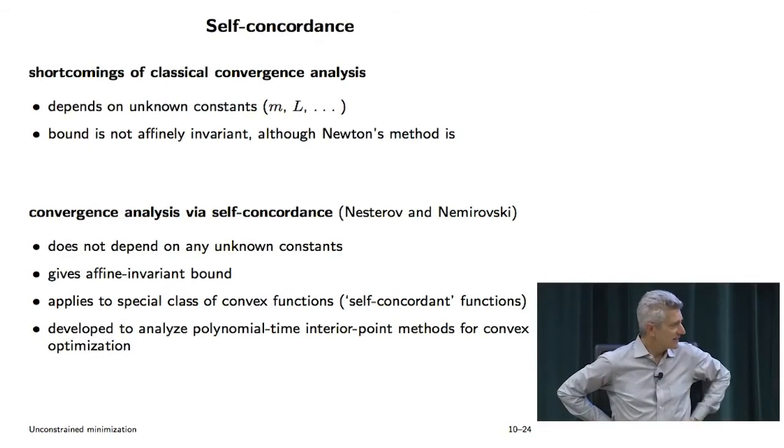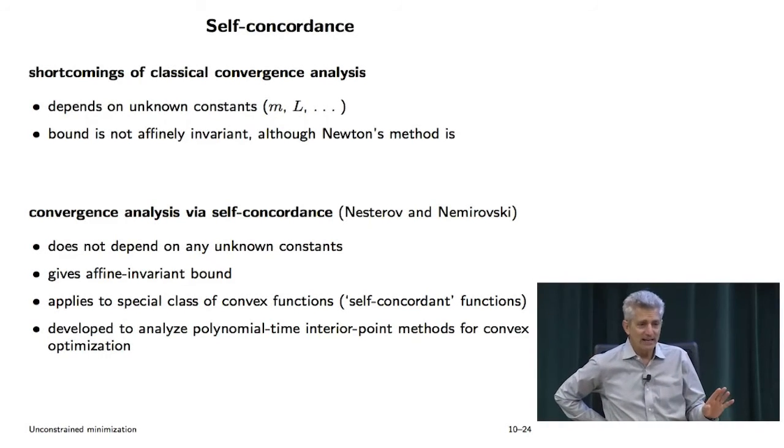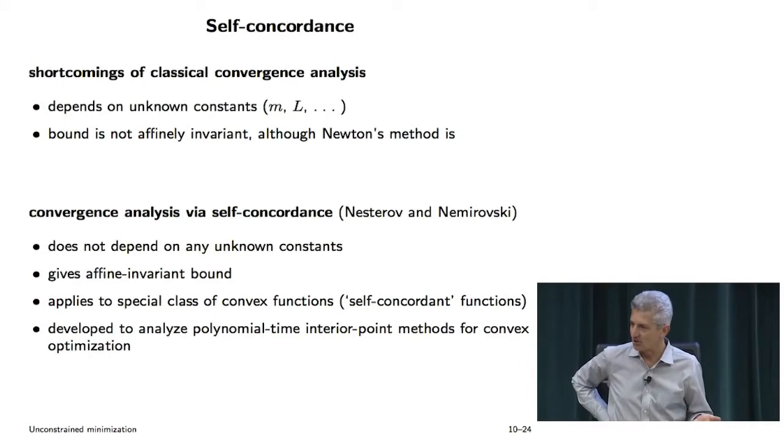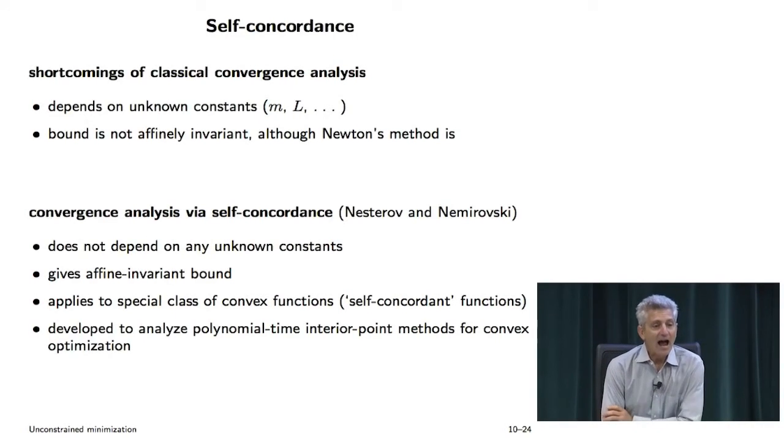If you just saw the answer, which is on the next slide, you'd say, oh my God, who would ever think of such a thing? The answer being Nesterov and Nemirovsky. So the question is this: how can you express the third derivative being small in a way that is affinely invariant? Because if you can do that, you can analyze Newton's method in a way that is affine invariant.